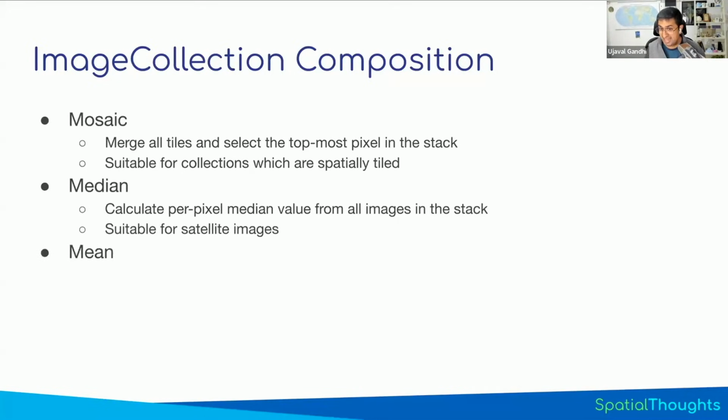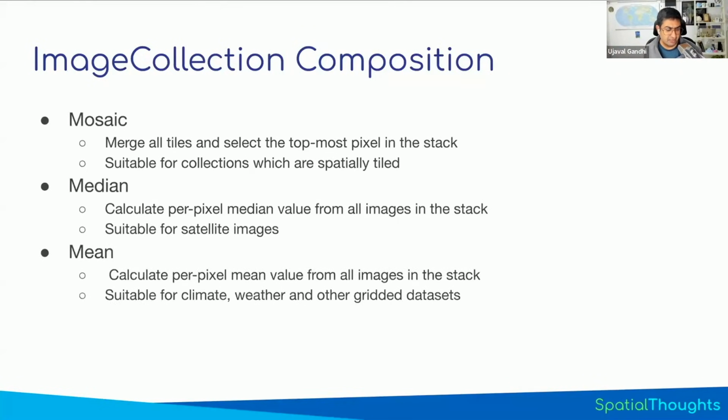Mean is just average. So this is useful for like climate data or any other raster data, which doesn't have outliers. So if you say I have 10 images of temperatures collected during this period, I just want average value at each pixel. That's a good average. There's also one thing called first.